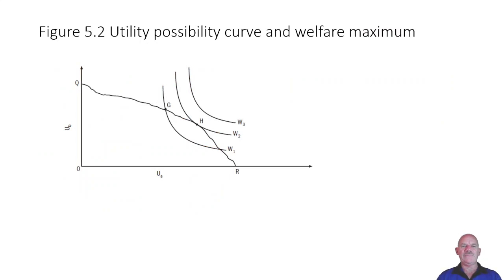So figure 5.2 says that let's say we could draw a utility possibility curve. This is a bit different from a production possibility curve.